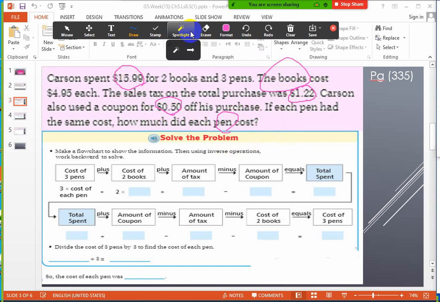So this whole money, girls, in the red circle here, is the whole money that Carson spent for everything he bought. So 15.99 was spent for the books and also for the pens. There is a tax and there is a discount. But what is the relationship between those items?